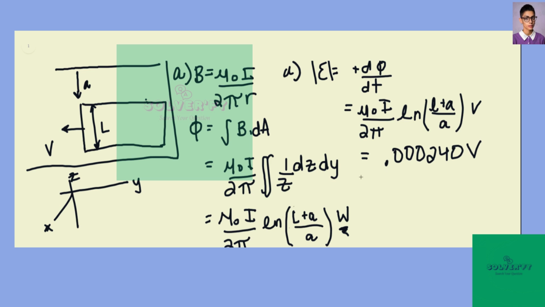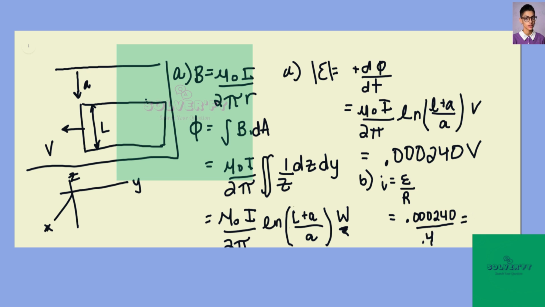And then for B, what we want to do is find the current. So I is E over R. So we want to divide by the resistance, so 0.00024 divided by the resistance, which is 0.4.